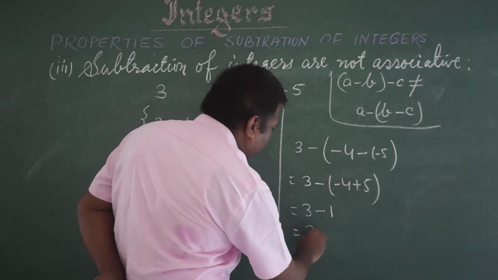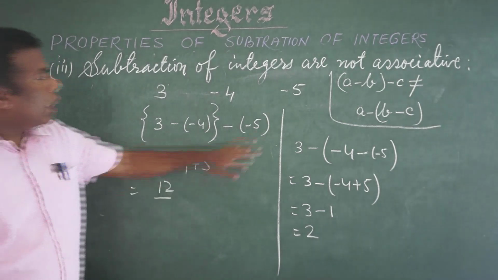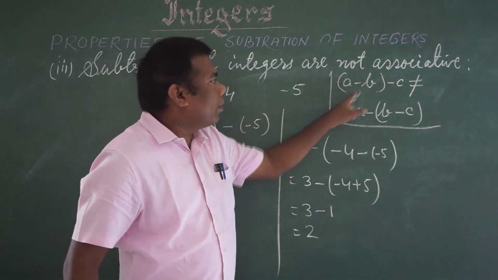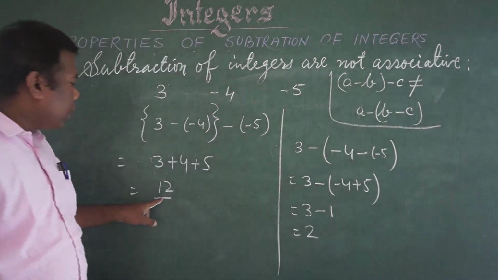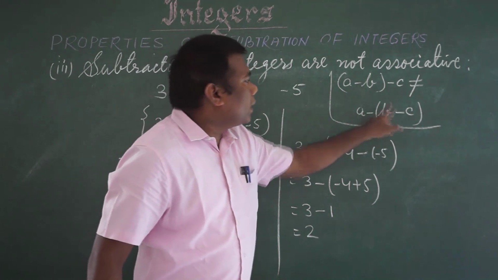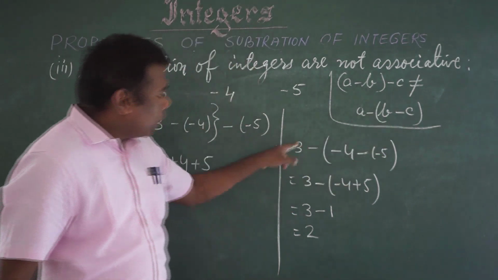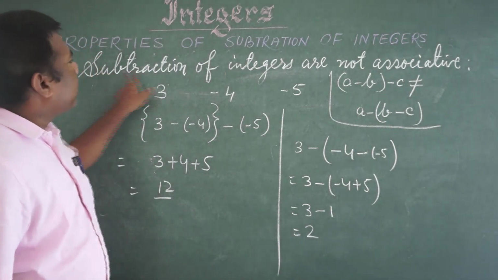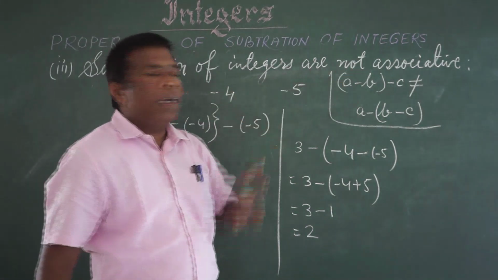So you will get 2. So if you write in the form (a minus b) minus c, you are getting value 12. And if you write in the form a minus (b minus c), you are getting 2. So what does it show? It shows that subtraction of integers is not associative.